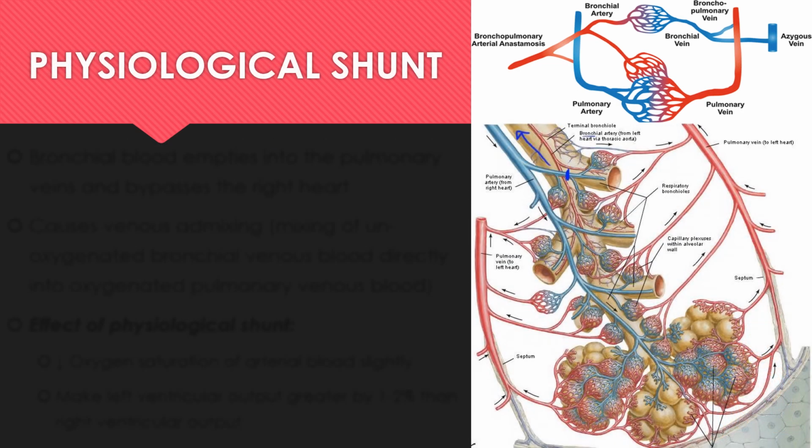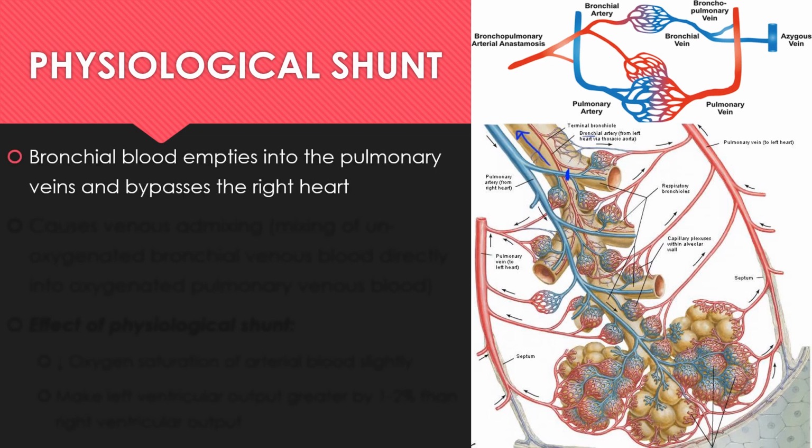Moving on to the physiological shunt. The bronchial blood empties into the pulmonary vein, and that bypasses the right heart. The bronchial artery comes from the descending aorta.